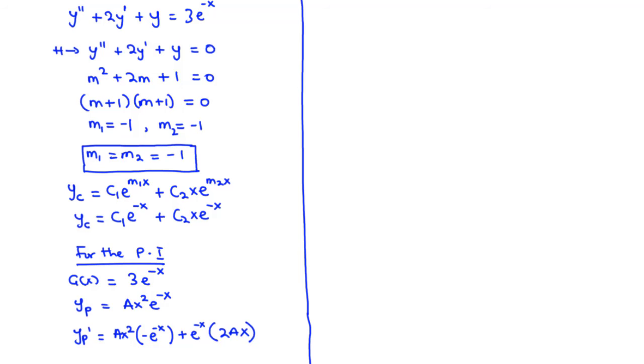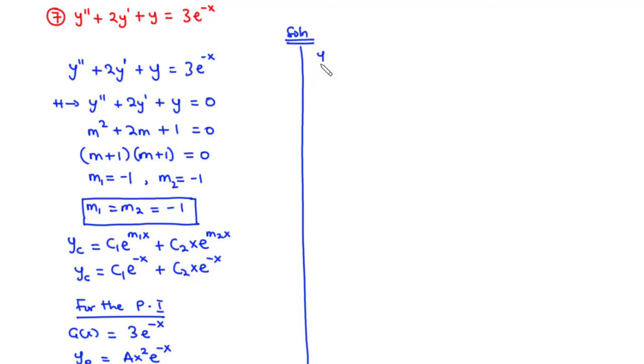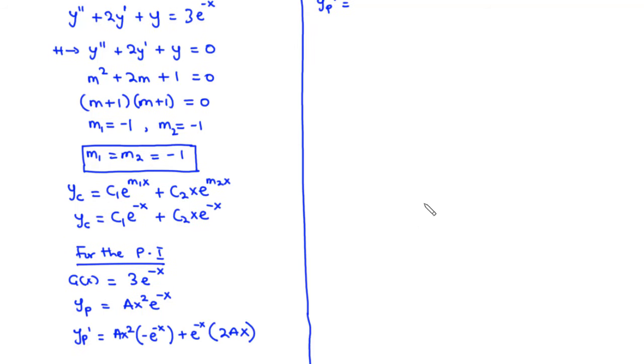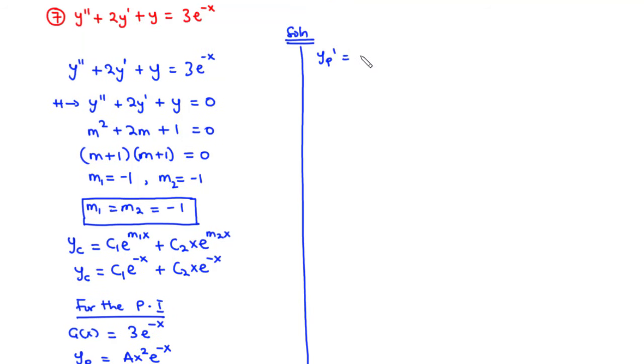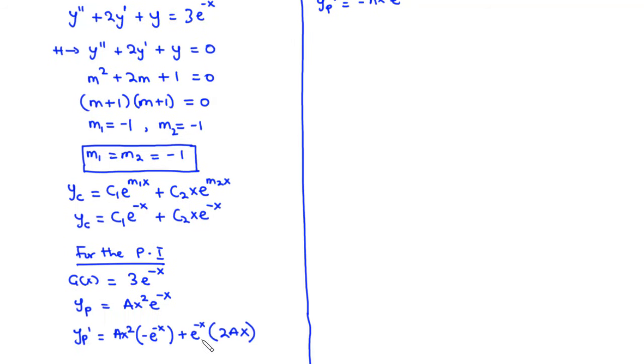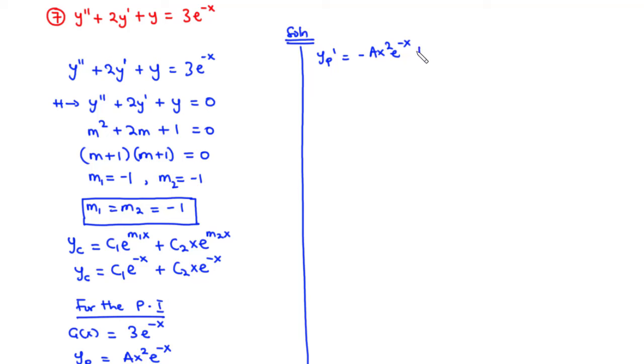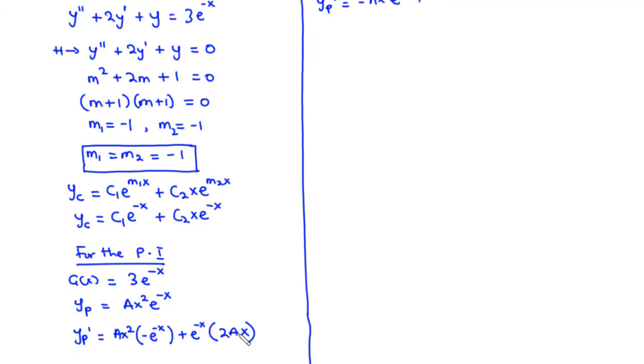So we are going to have yp prime equals negative ax squared e to the power negative x, and then plus 2ax e to the power negative x.